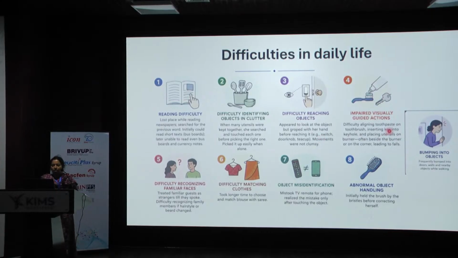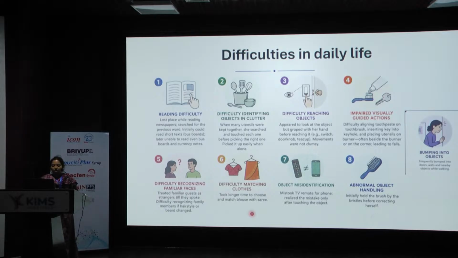And difficulty with visually guided actions will be optic ataxia, so she is unable to align things properly under visual guidance. However, when it does not require vision, she is doing well. And she has difficulty recognizing familiar faces. This is prosopagnosia.